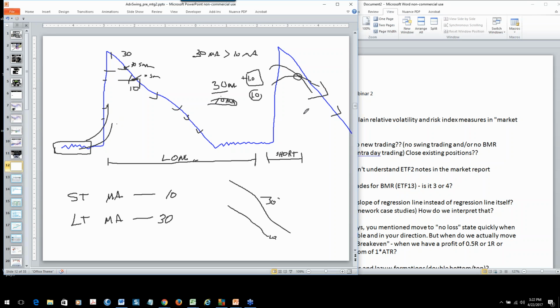You have that short-term volatility spike. And when the 10 is greater than the 30, you'll have a number that is less than 1.0. So we can simplify this and simply say that 1.0 is the boundary between risk on and risk off.